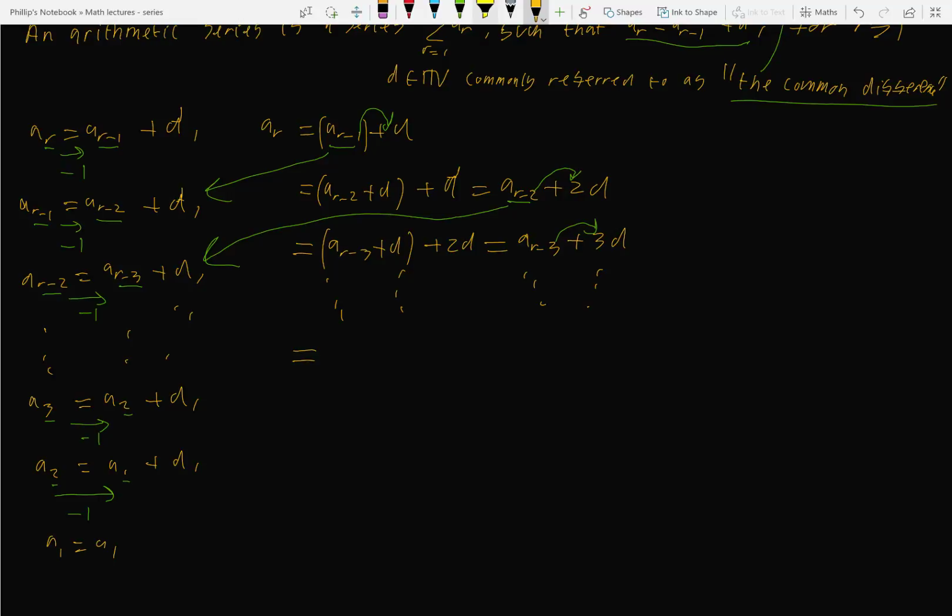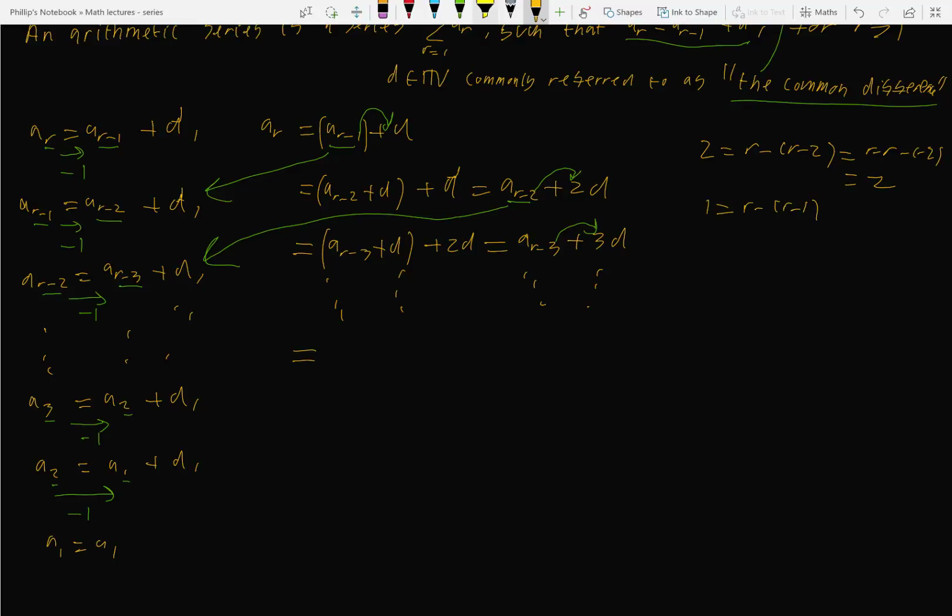We need to do 2 more steps. It's redundant. But let me point out that 2 is equal to r minus (r minus 2), which is going to be plus 2, and obviously 1 is just equal to r minus (r minus 1).